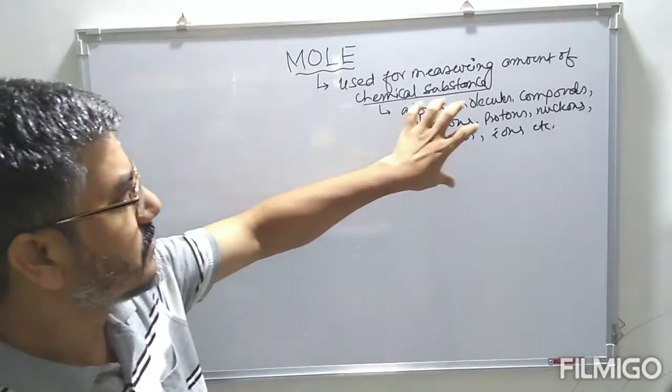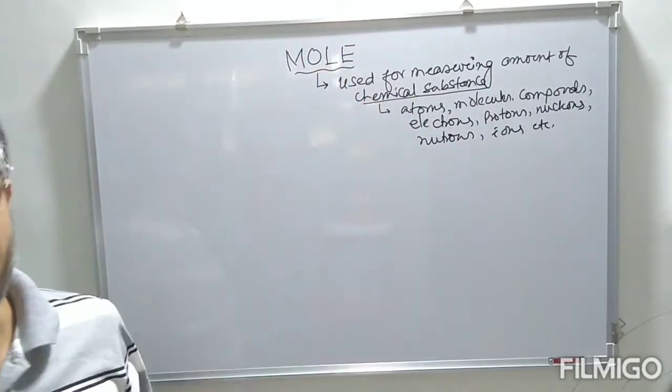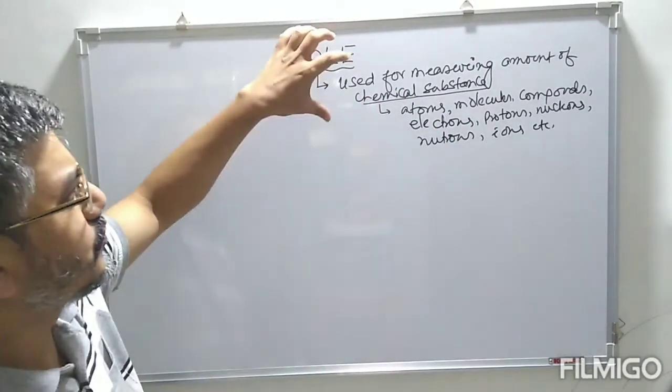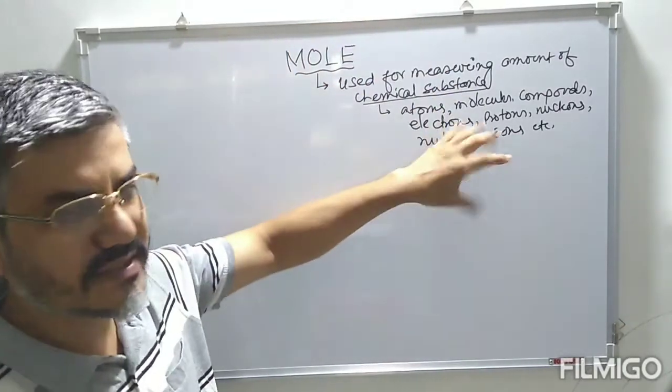These chemical substances are measured by use of this mole. So basically mole is meant for measuring chemical substance.